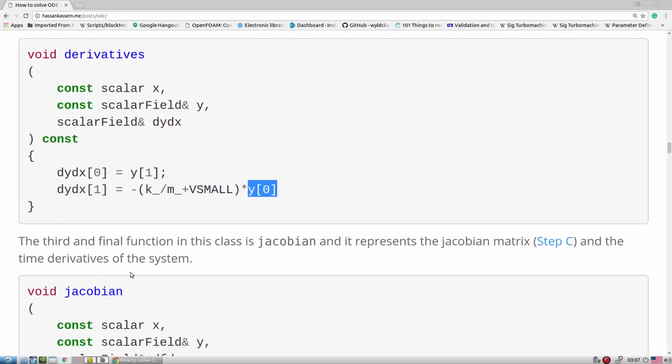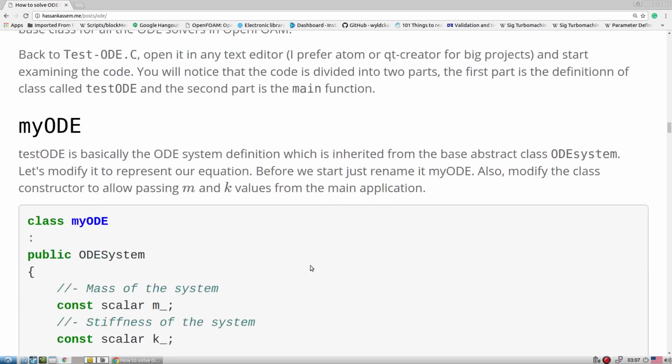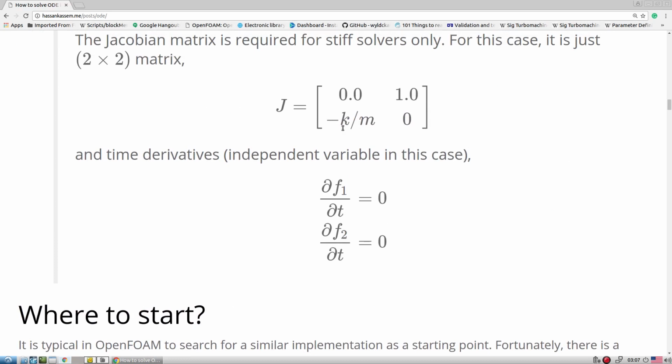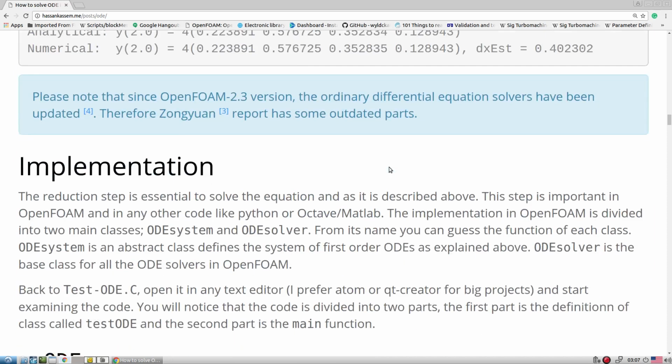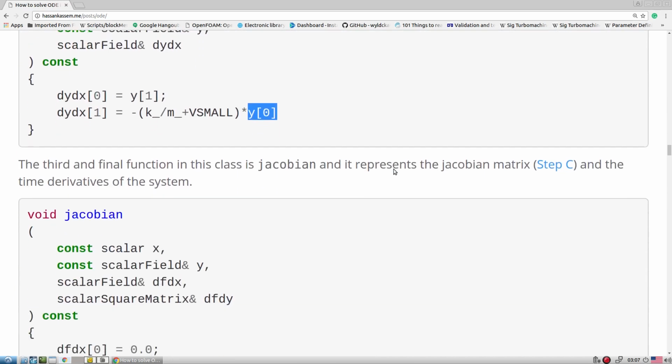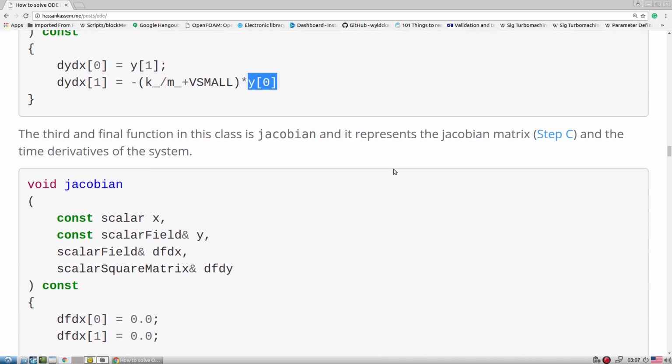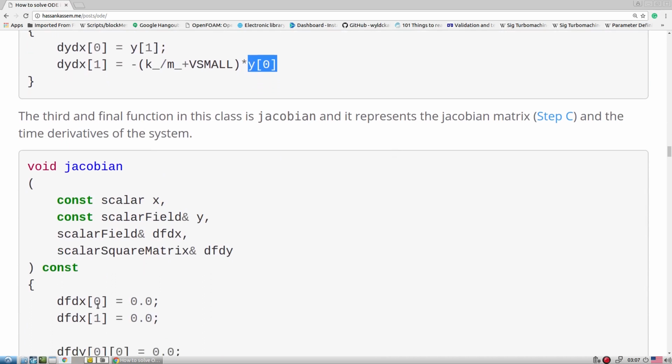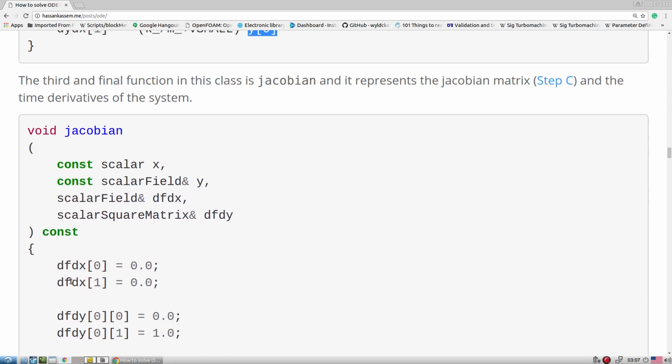Now the third and final function in this class is the Jacobian, and it represents the Jacobian matrix, like step C. The way we define the Jacobian matrix is del f1 by del y1, del f1 by del y2, del f2 by del y1, del f2 by del y2. In a similar line we have to define that here. So del f by del x 0 is the first entry, and del f by del x 1 is also there.